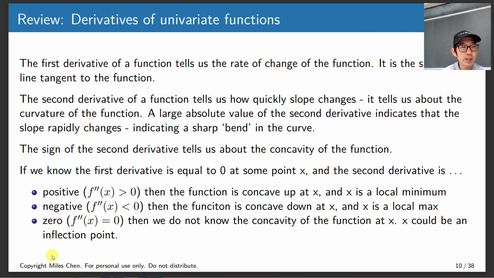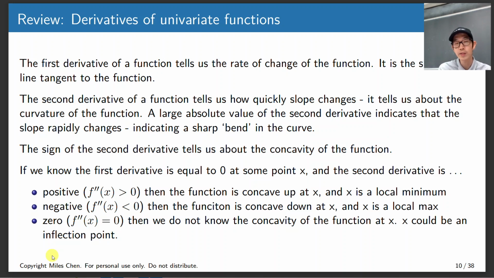And then if we know the value where the first derivative is equal to 0, meaning the tangent line is flat, and the second derivative is positive, then the function is concave up at that point, and x would correspond to a local minimum.